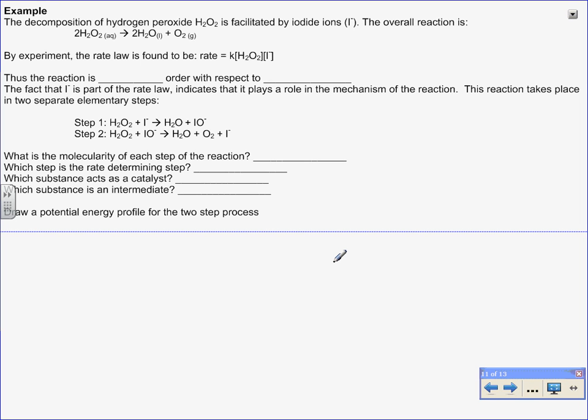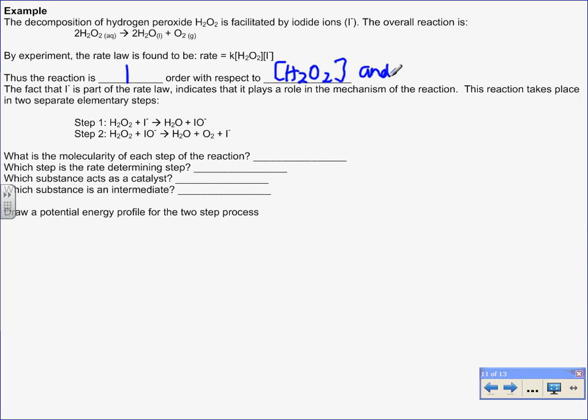So the experiment is completed and the rate law is found to be rate is equal to k times the concentration of H2O2 times the concentration of iodide ions raised to the 1. So this particular reaction is first order in both H2O2 and I minus.